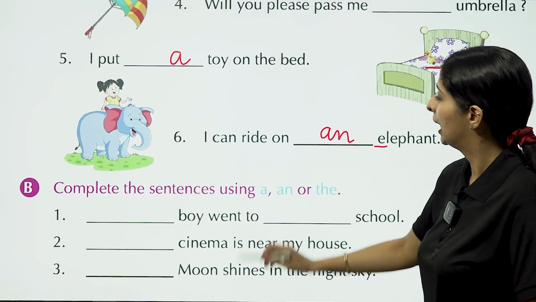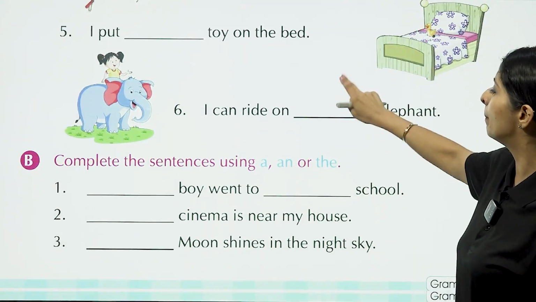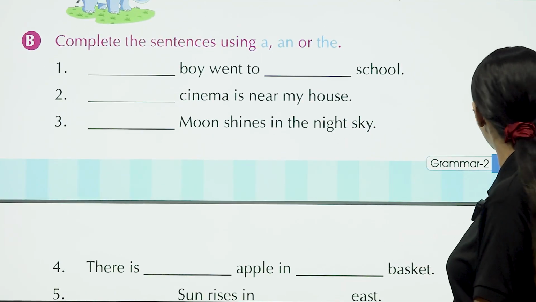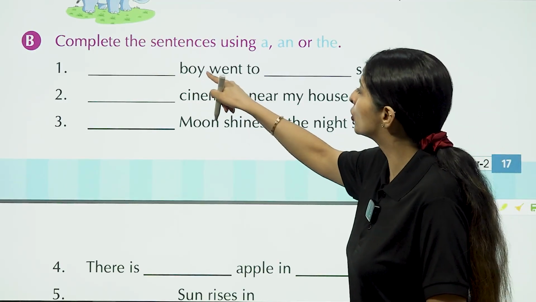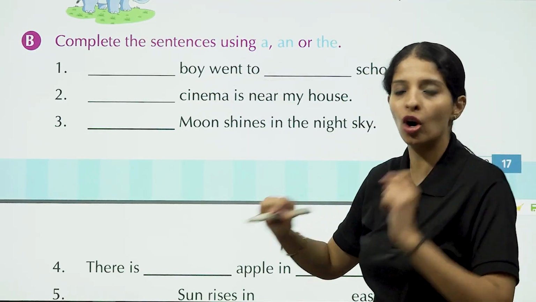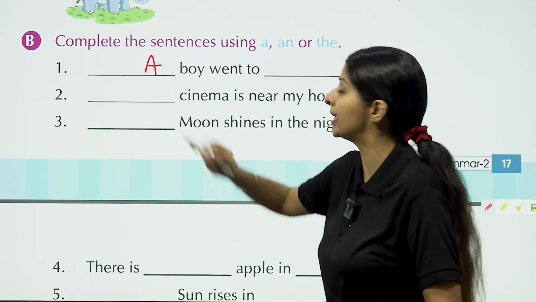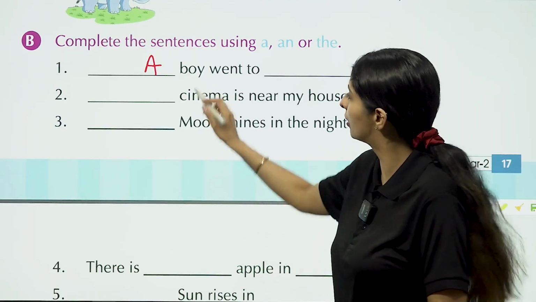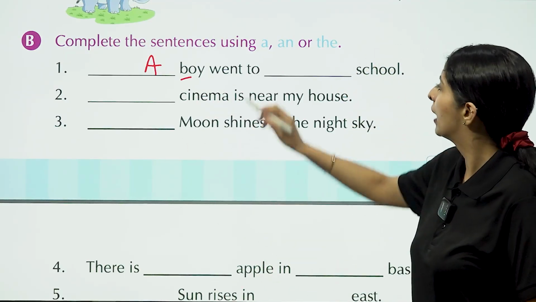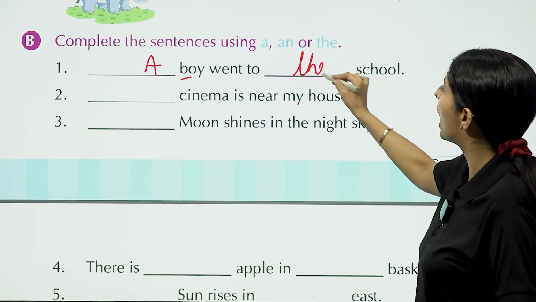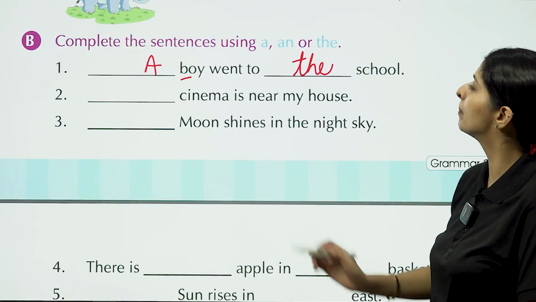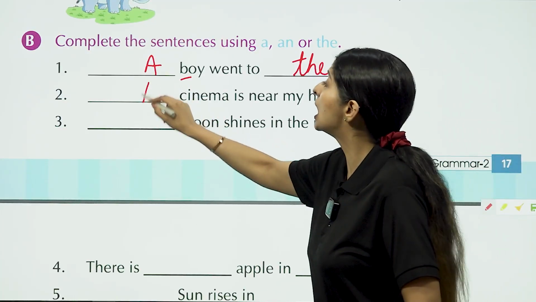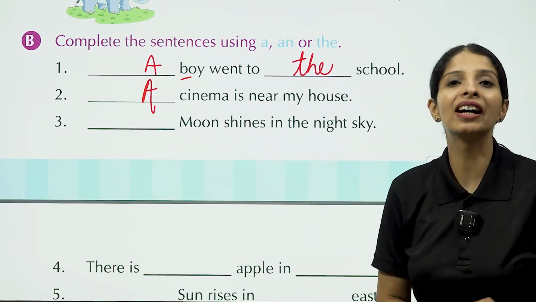Vowel. Now, complete the sentences using a, an or the. Dash boy. A boy. We are not talking about boys. Consonant here. So, a boy went to the school. Dash cinema is near my house. A cinema is near my house.